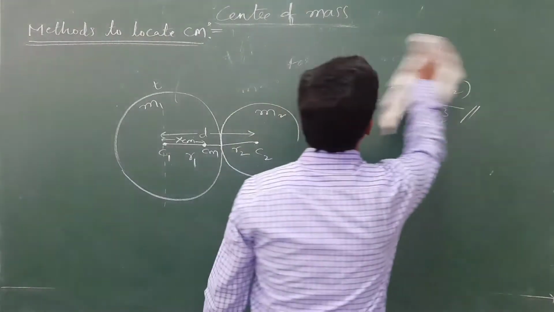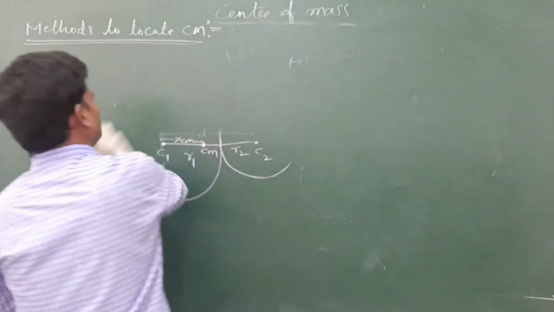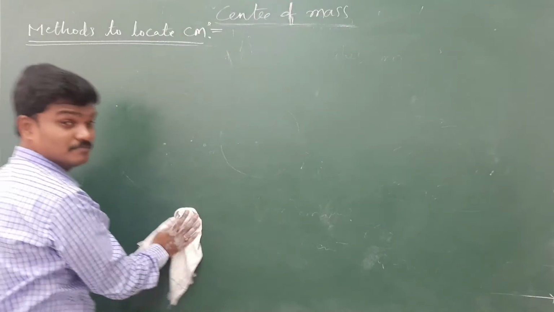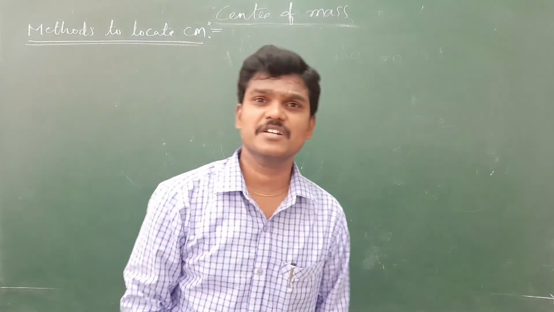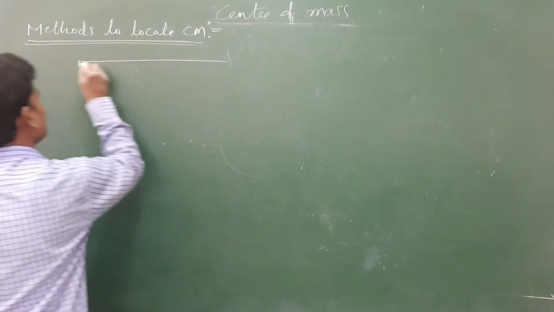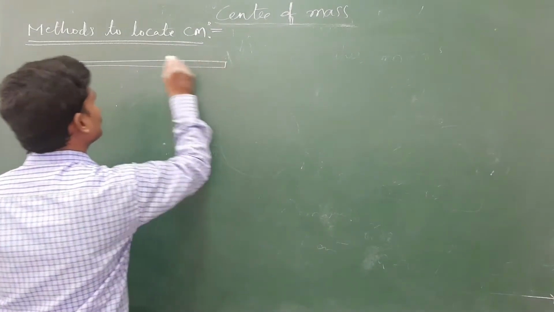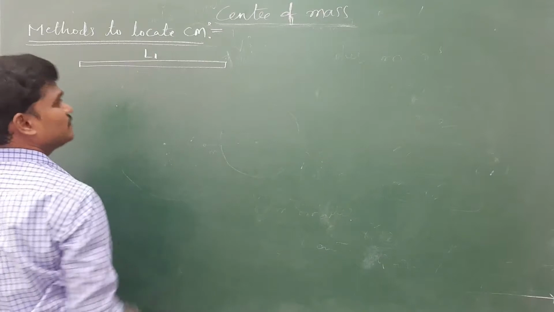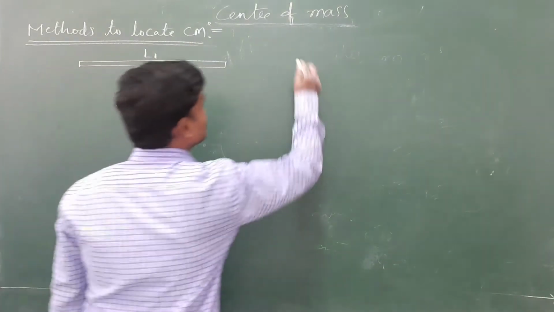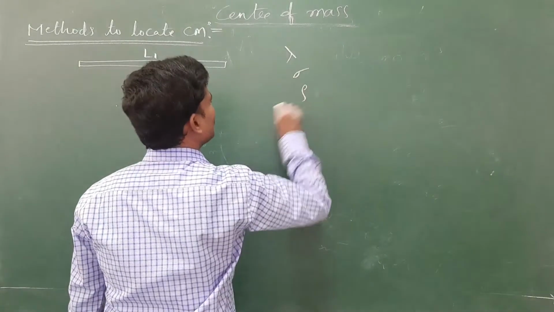Now they have given two uniform rods whose lengths are mentioned as L1 and L2. This is a uniform rod whose length is L1, and lambda is the mass per unit length. I think you remember lambda, sigma, rho.